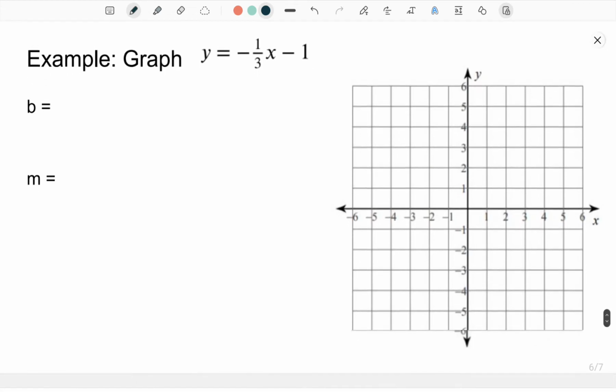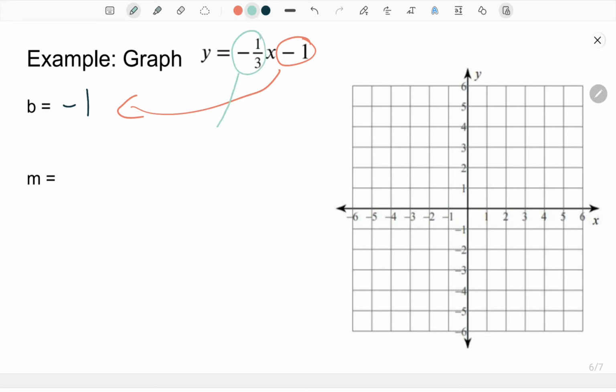Okay, so let's try it again with one that we haven't previously graphed. So we have y equal to -1/3 x minus 1. Okay, so first of all, let's identify our key values. So the number at the end, the -1, that makes our y-intercept. The next value, -1/3, that makes our slope.